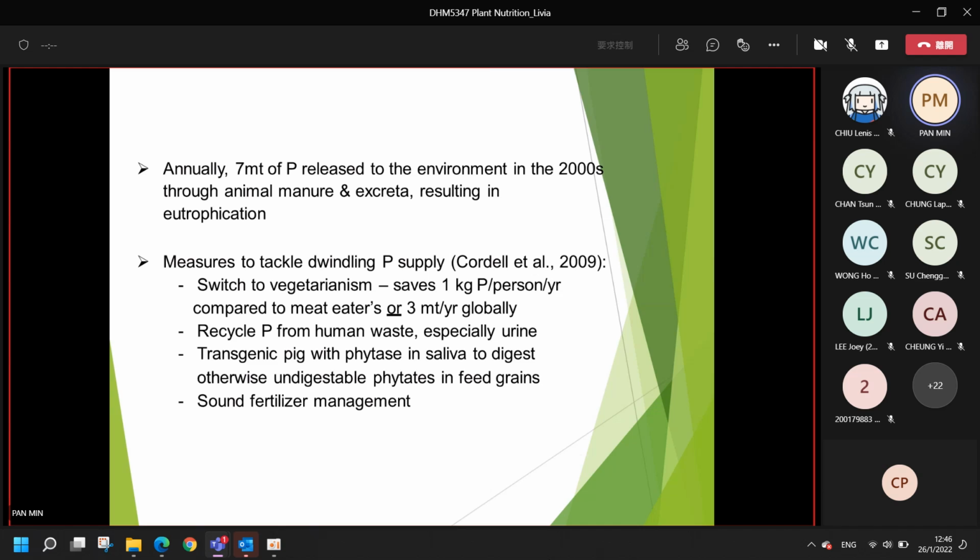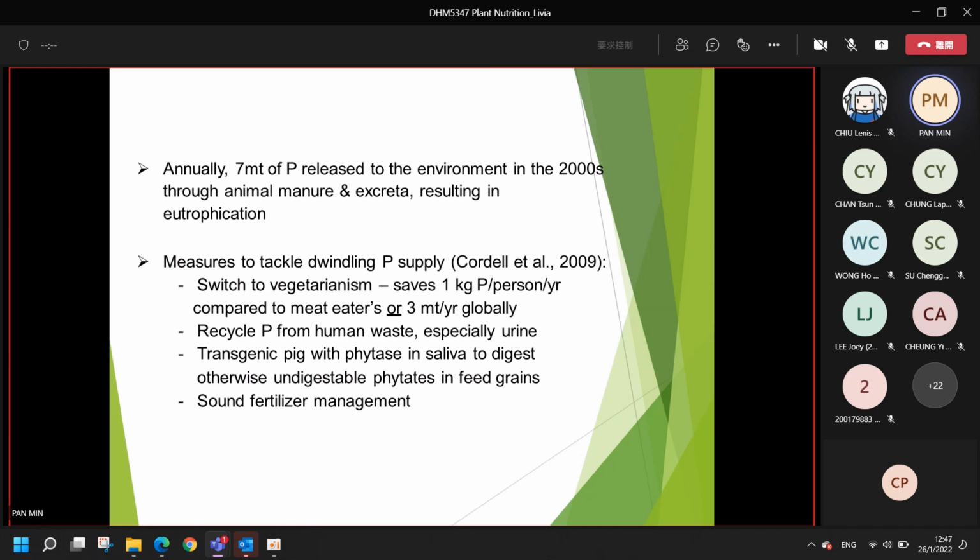So the result of the study suggests that people switch to vegetarian, which is also good for the carbon footprint in Hong Kong and in the world. And coming back to phosphorus, it also suggests switching to vegetarian. It can save more phosphorus compared to meat eaters globally.